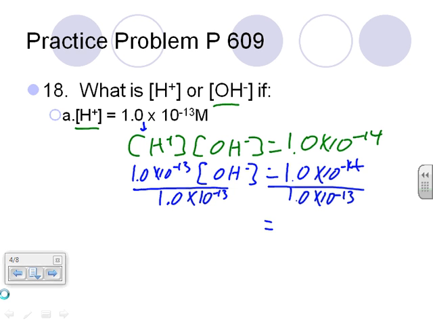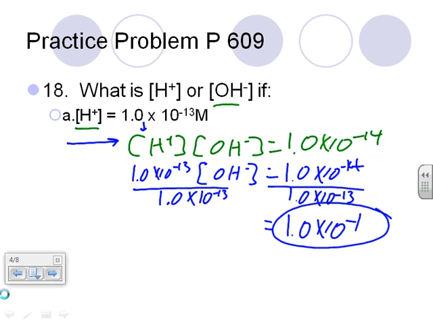And we'll get an answer of 1.0 times 10 to the minus 1. So that's going to be our answer right there, just using this basic formula. H+ times OH-, the concentrations, is equal to 1 times 10 to the minus 14th.